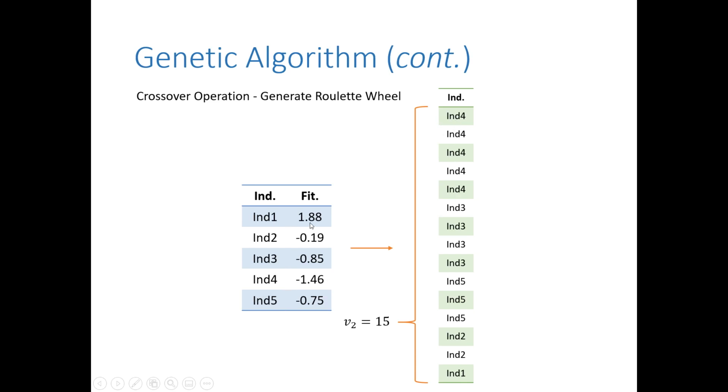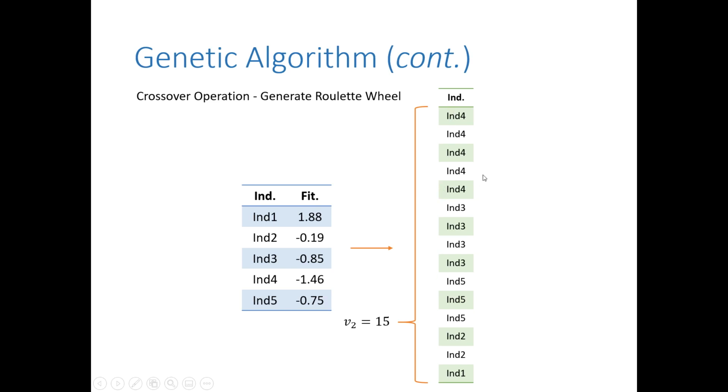And from here we can see individual 1 is the least fit individual, so it has to appear the least number of times, and here it appears only once. The rest of the individuals appear accordingly to the fitness level. The more fit it is, the more frequently it appears, and the less fit it is, the less frequently it appears.